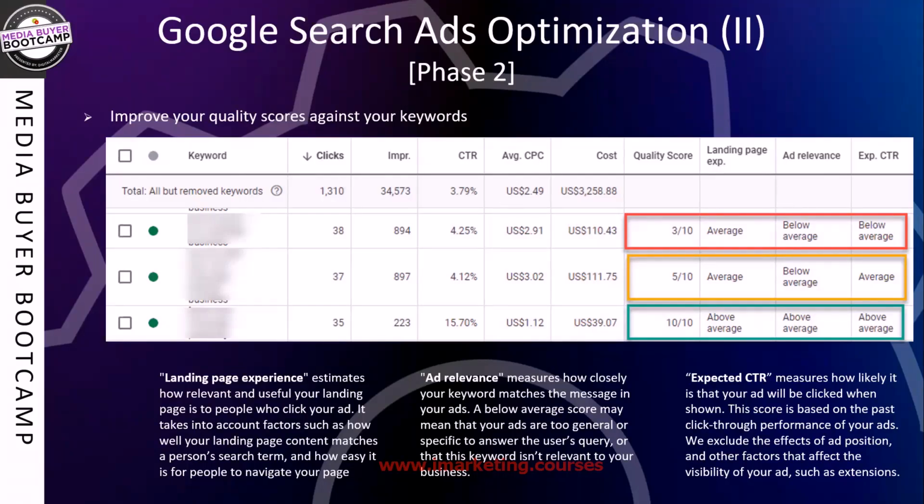When it comes to expected CTR, it's kind of below average here. This one's a little bit more difficult. It's based on your past click-through performance in your ads, but it can also affect visibility. So one of the things you need to be able to do in Google search ads, and I'm not going through the detail on purpose, not to confuse you or to hide anything, it's just that a lot of this is covered in the Paid Traffic Mastery program itself.